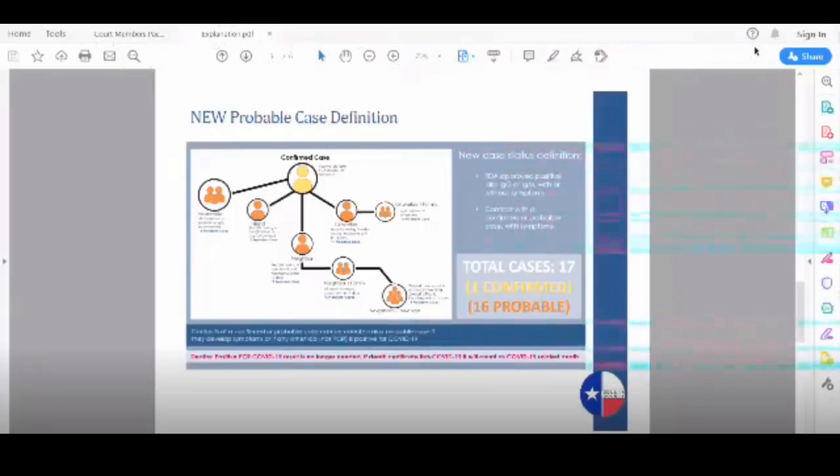If it's just for reporting, well, it's not reliable, but if it's just on paper, then we can all commiserate about how unreliable it is. However, we would now have to spend resources to do contact tracing for all of those folks represented in orange, call them every day to find out how they're doing, and then wait the 10 to 14 days before we can mark them as recovered probable cases. So it represents a remarkable expansion of resources for local public health departments.